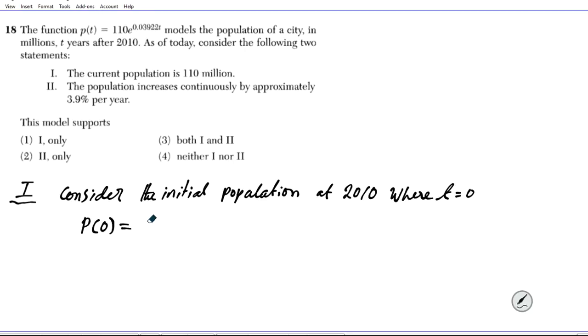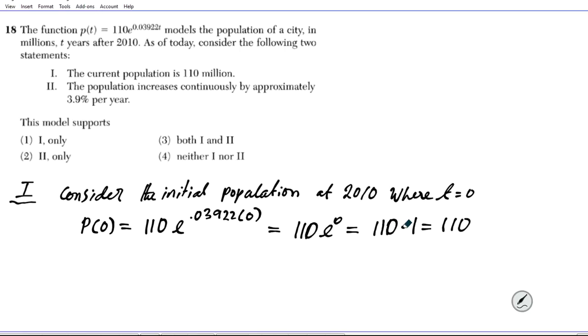So we have P sub 0. Your starting population is 110 e raised to the 0.03922 times 0. If you simplify this, you have 110 e to the 0th power, which is 110 times 1, which is 110 million.